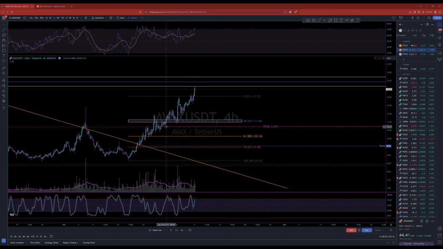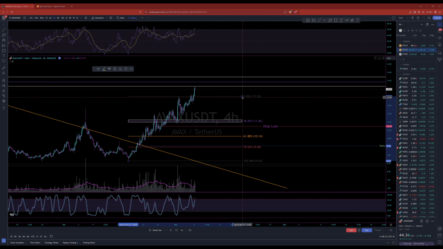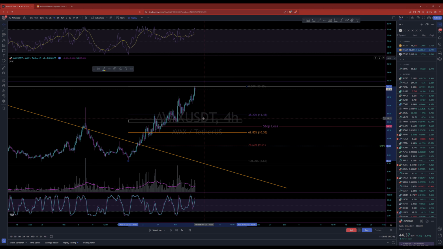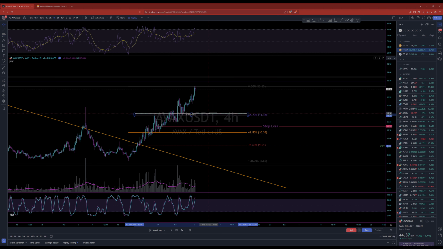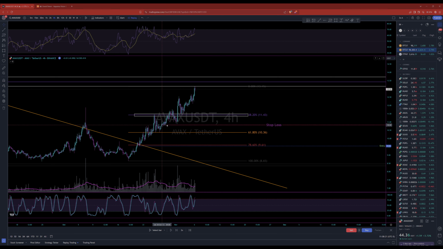So we're moving our stop loss. We're not moving it yet because we haven't confirmed this as support. So now we're going to move this up here. Actually, yeah, we can move it because we made a new high, and this would be our stop loss.